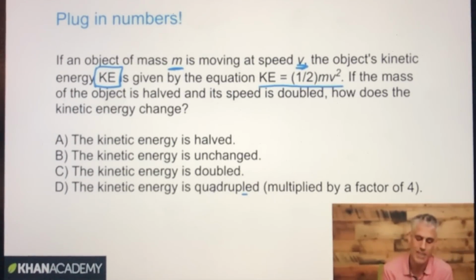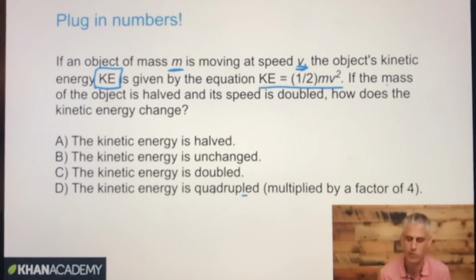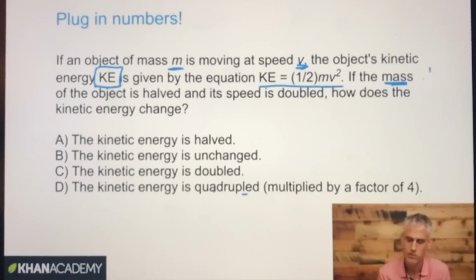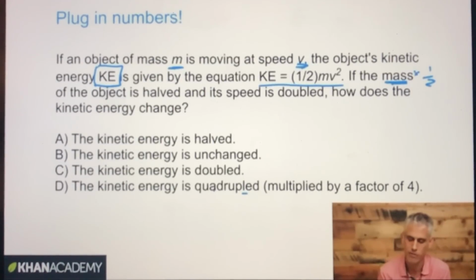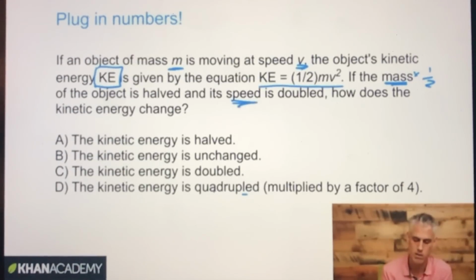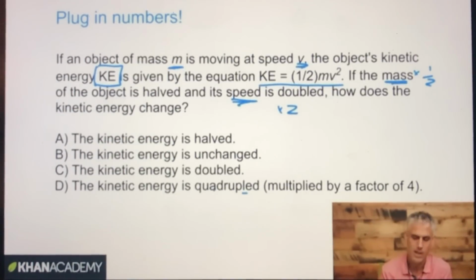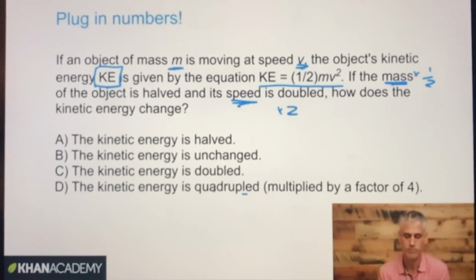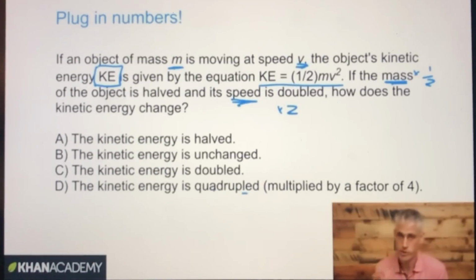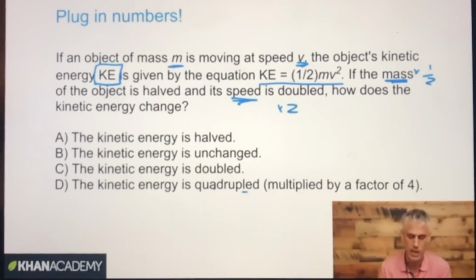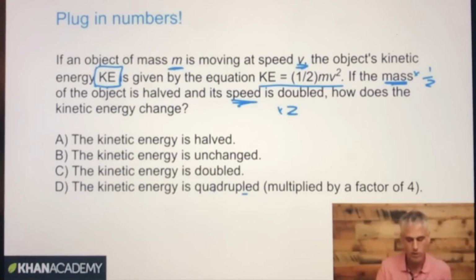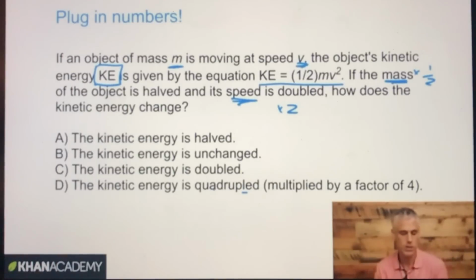If the mass of the object is halved, mass is times a half, and the speed is doubled, how does the kinetic energy change? If you were just rushing through this test and you weren't being careful, you might say, okay, halved and doubled, well, that should just cancel it out. Maybe it's unchanged.